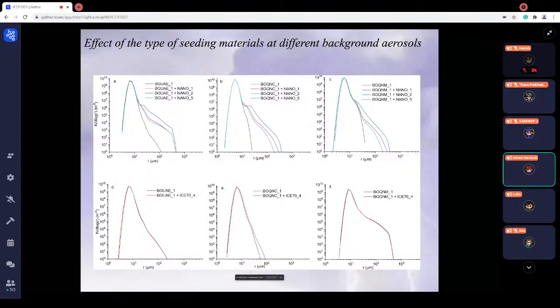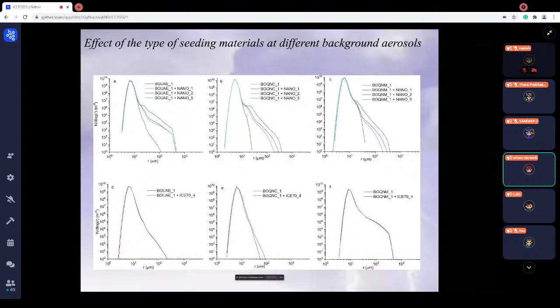Here you can see the impact of the seeding with two different types of particles. The nanoparticles case is when the average size is about 1 or 2 micrometers and the hygroscopicity is large, above the hygroscopicity of the salt particles.